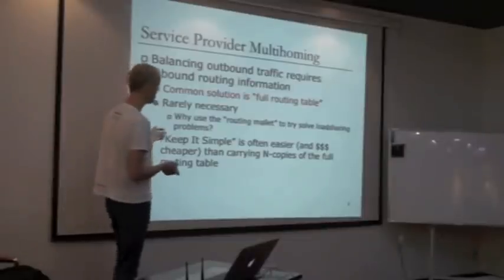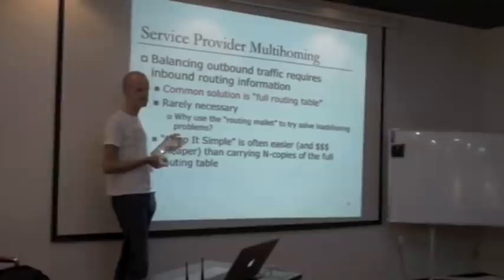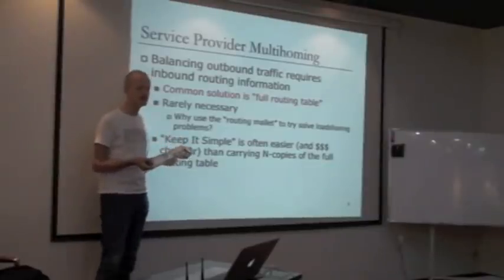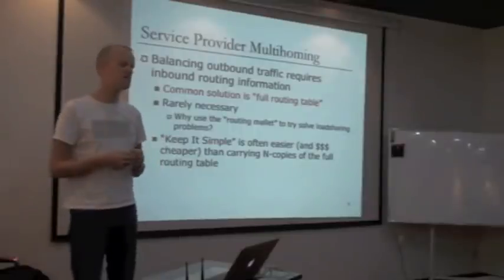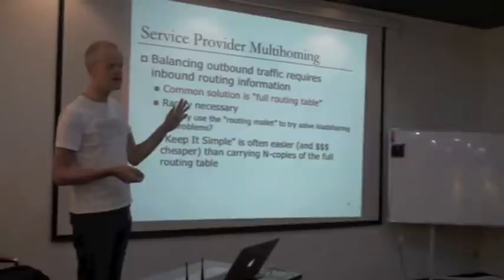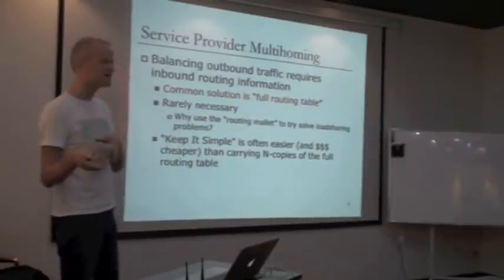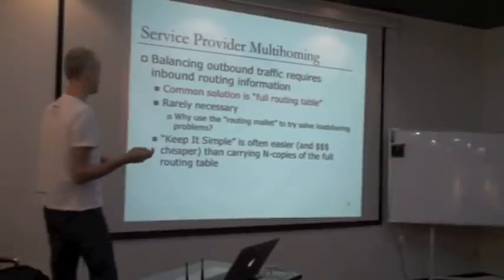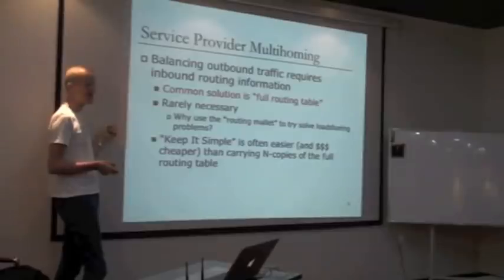So it's often much easier to keep things simple and use default routes, rather than carrying 2, 3, 4, 5 copies of the full BGP table. I'll show you later in the slides a comparison of the full BGP table version against the no BGP table, using defaults version, to give you exactly the same end result.